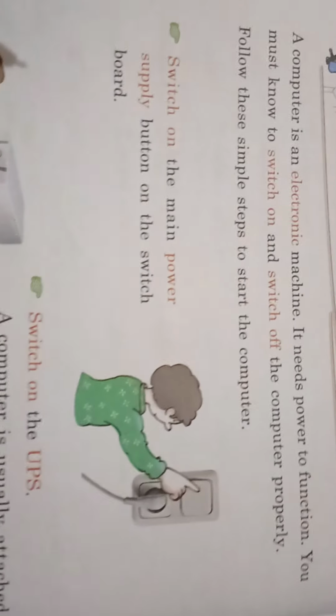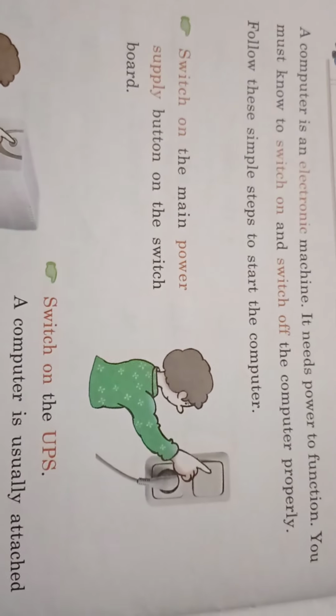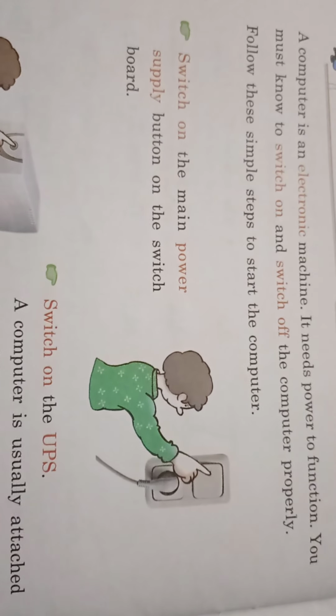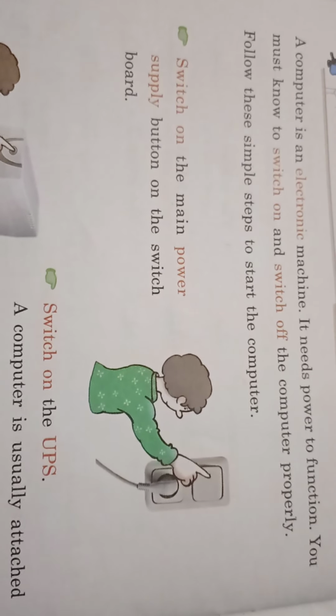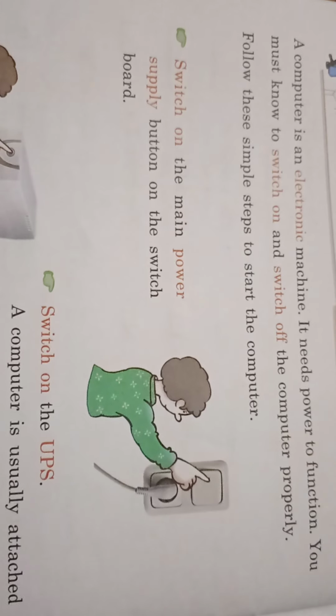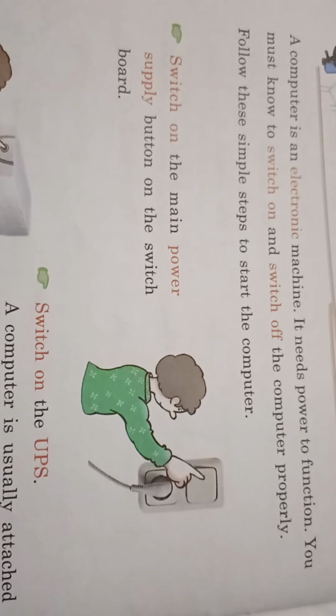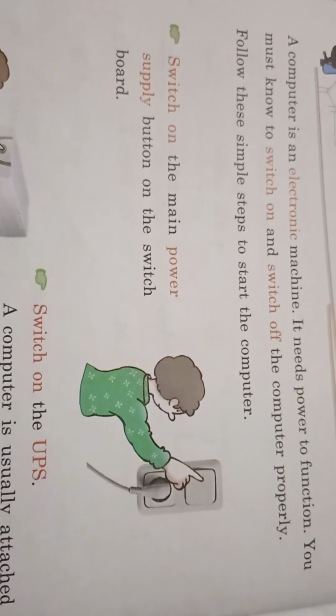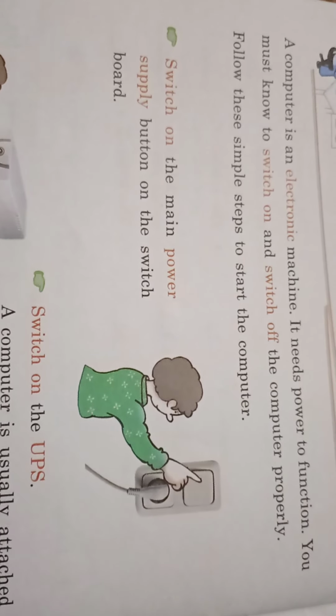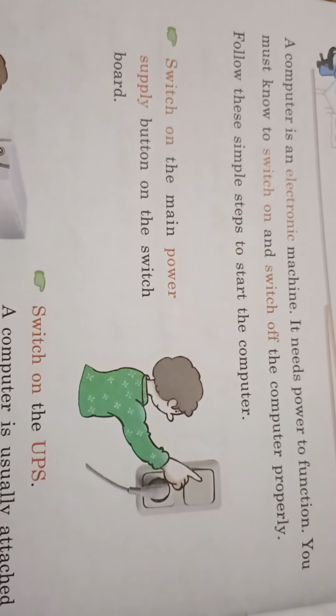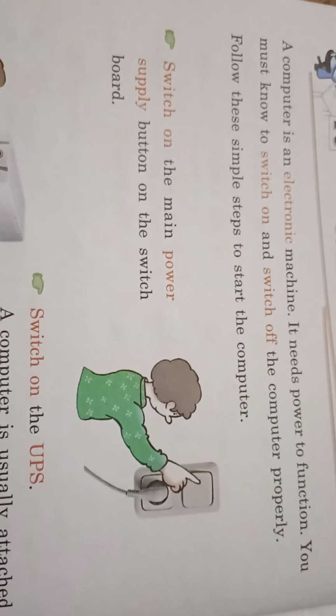Now students, in this chapter we learn how we can switch on or switch off our computer system. Computer is an electronic machine, you know. We all know a computer is an electronic machine. It runs on electricity.